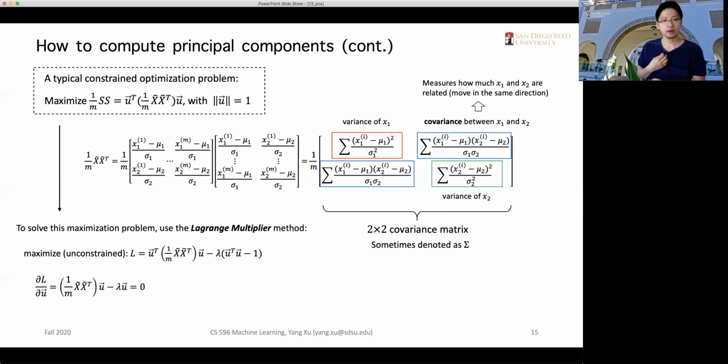So now here we have some more tricks about the matrix multiplication and how to take the derivatives. The basic principle, to put it simply, is that we can treat the matrix as if it is a constant scalar number. Like the case here, we can treat the u transpose times u as if it is a quadratic term.